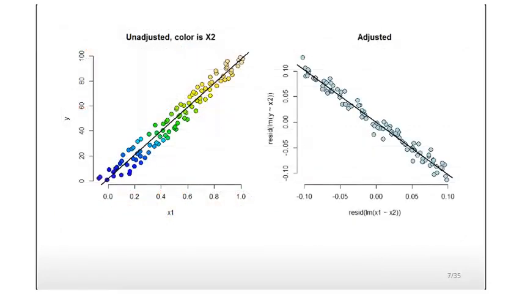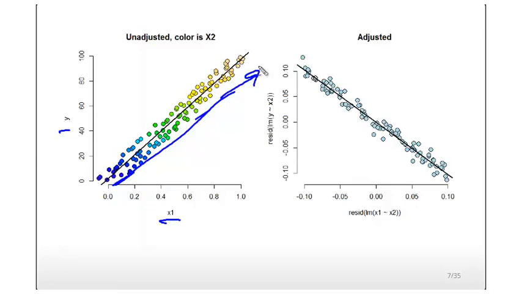Well, here's y and x1, and this is the unadjusted one, and you see this nice relationship. But you also see that this other variable, x2, is really quite correlated with x1. The color is x2, and the colors change along this gradient.